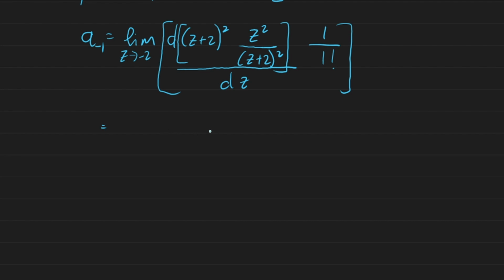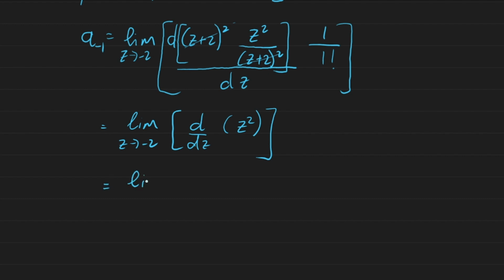So let's simplify this. That and that will cancel. So we have the limit as z approaches minus 2 of essentially d/dz of z squared. That's what all of this comes down to.